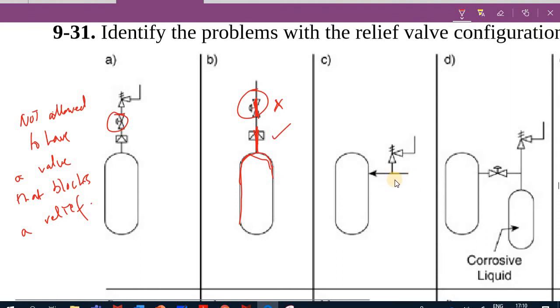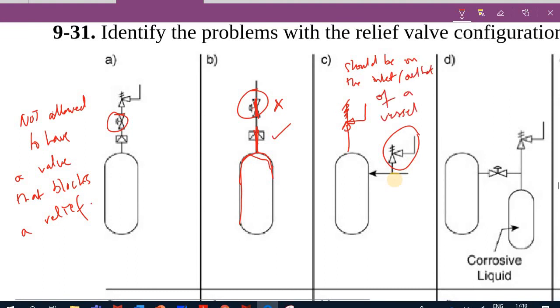No. This valve should be sitting at the top. We shouldn't have it on the inlet or outlet of a vessel. So that was part C.